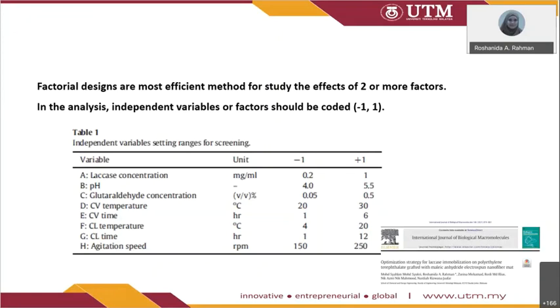For 2-level factorial design, you can use this method for the screening process. Okay, before I proceed, I'd like to share with you some of the experimental procedure when you want to conduct any optimization process.